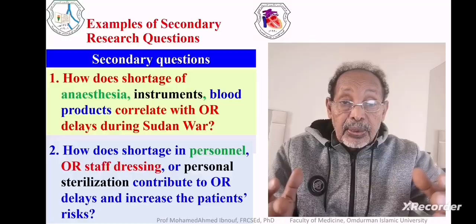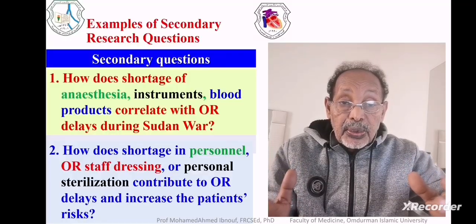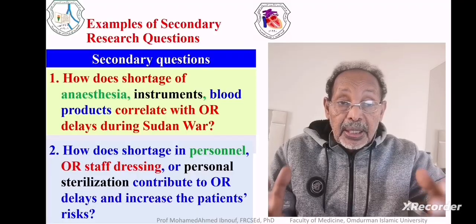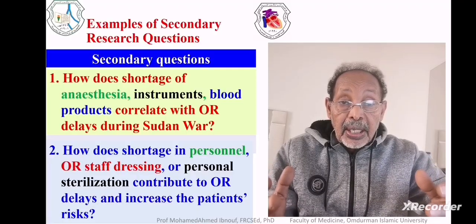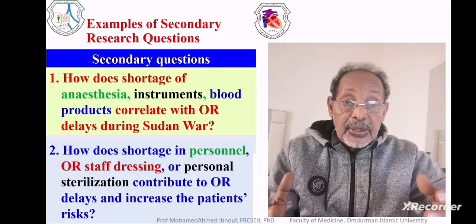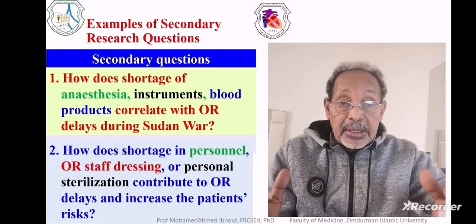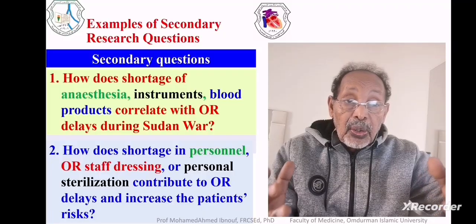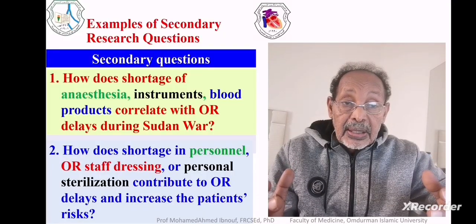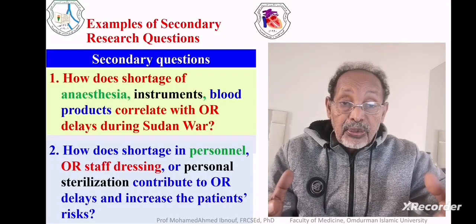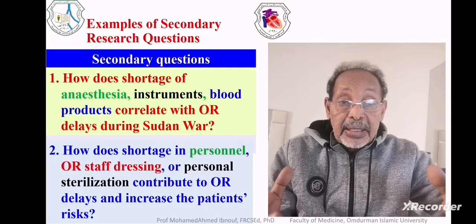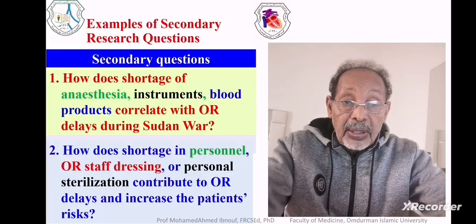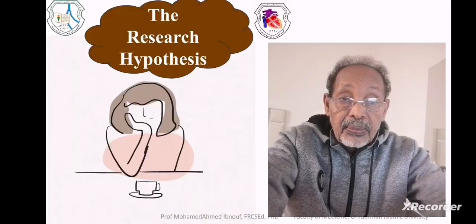Does any deficiencies in the personnel or in the equipments or in the sterilization methods or materials or in the dressing of the staff contribute to OR delays, to operation room delays of patients? And does that delay increase the patient risk? We are introducing further variables.